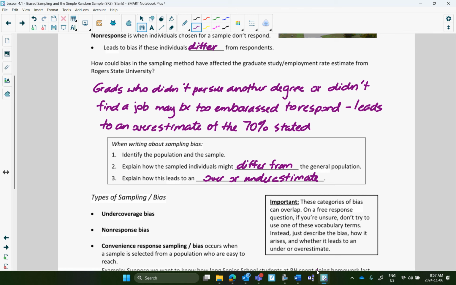If you use the word, great, but if you say, in the last example, they didn't ask all students at the university, and you didn't state the actual word undercoverage, that's okay, as long as you explain.